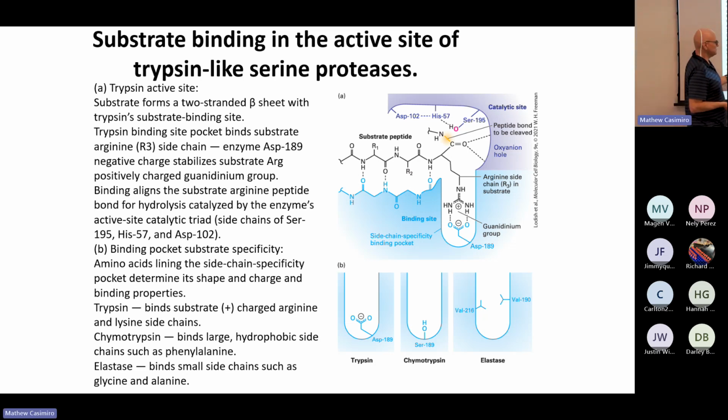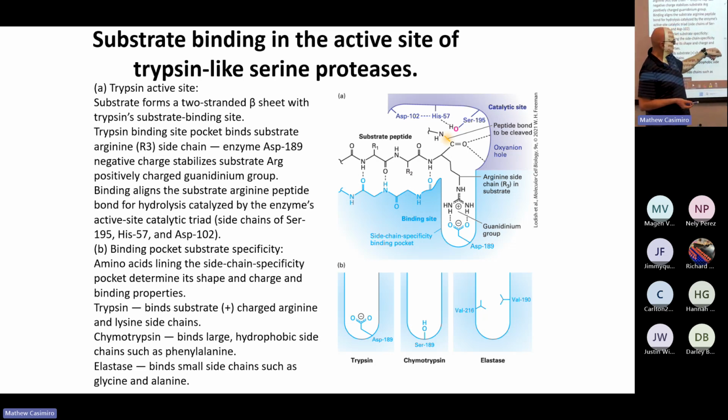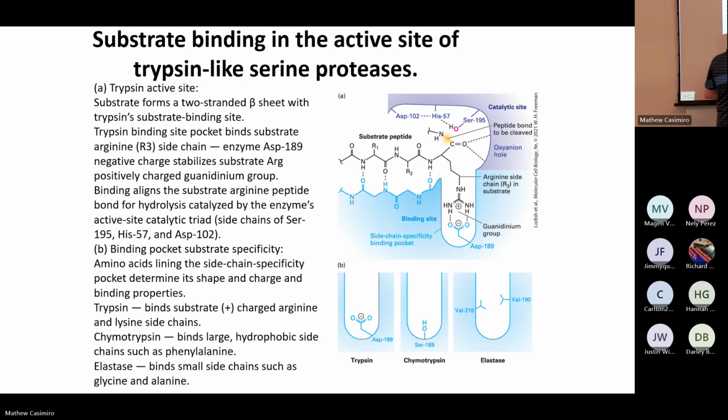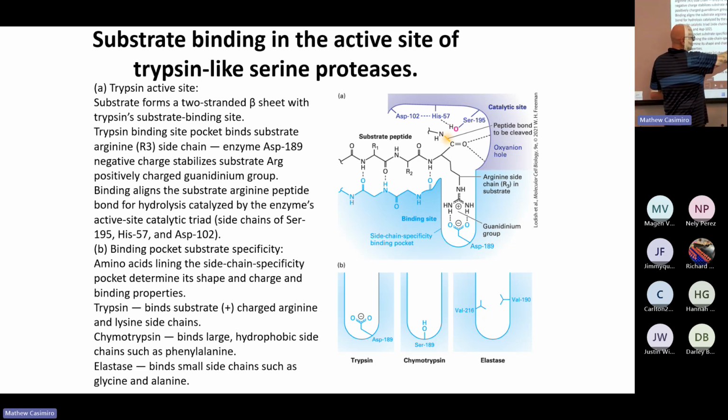Elastase, on the other hand, within the binding pocket, normally, so in trypsin, for instance, most of these amino acids that line the pockets are glycines because they've got only a hydrogen, a small chain, right? Allowing for arginine to fit into the pocket. Whereas within elastase, those glycines have been replaced by valines.